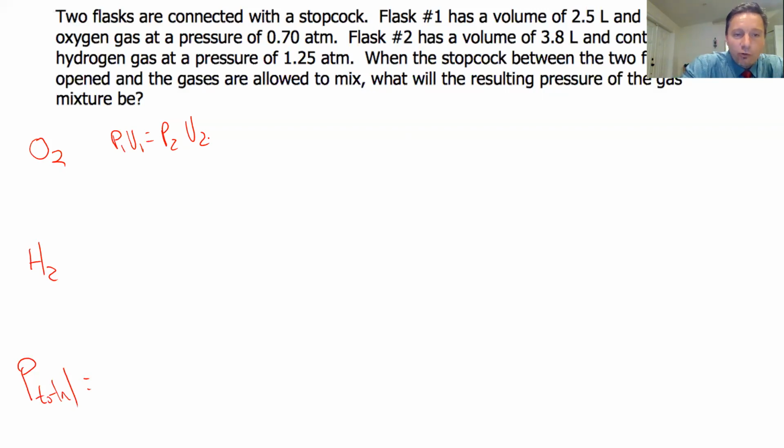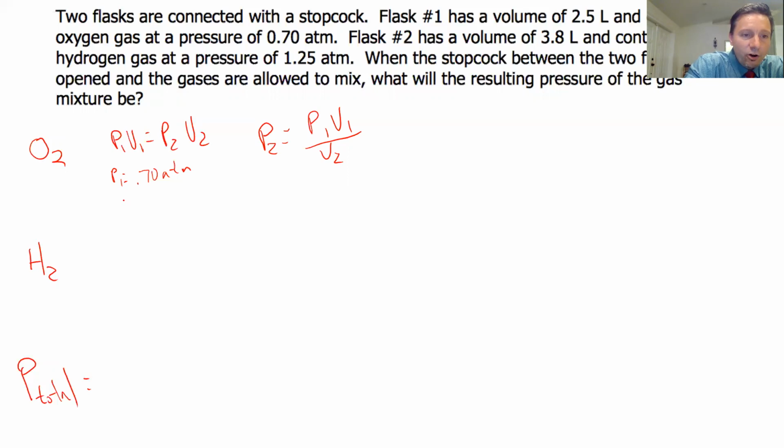So I'm going to rewrite this here as P2 equals P1 V1 over my V2. So when I look at what is given to me here, my pressure 1 is 0.70 atmospheres.